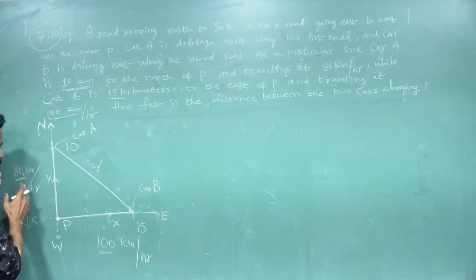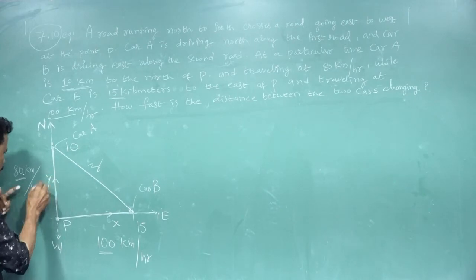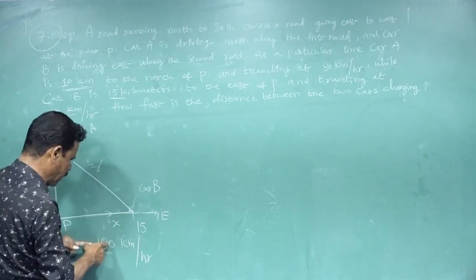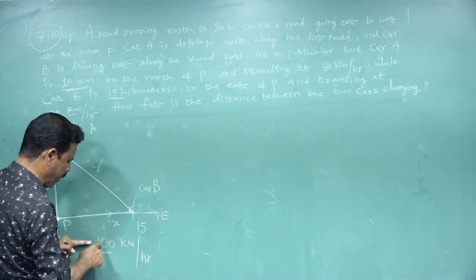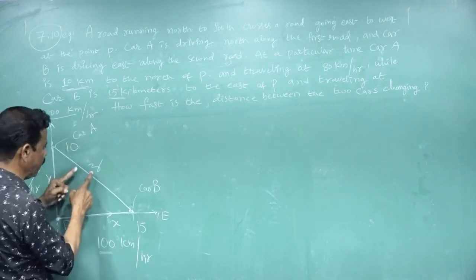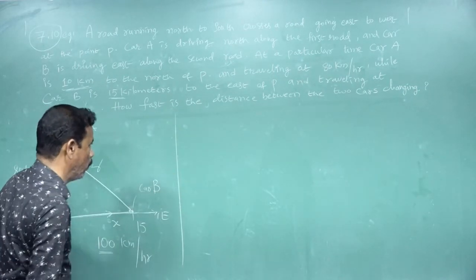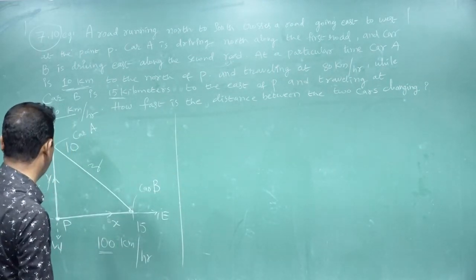So car A's speed in the direction of y, dy by dt, is 80 kilometers per hour. In the direction of x, dx by dt is 100 kilometers per hour. This is dy by dt, this is dz by dt. Now we mention the values.